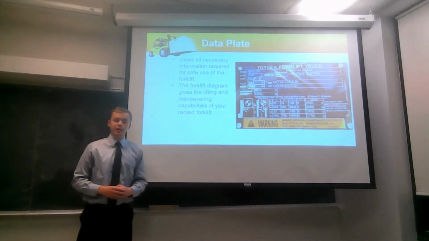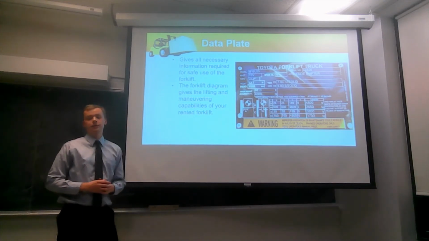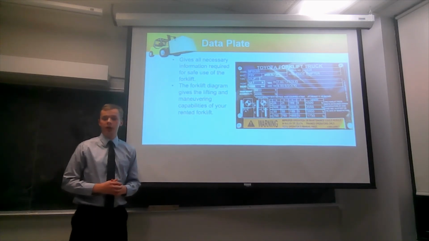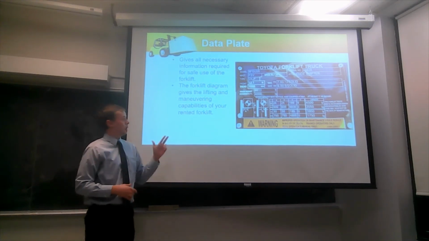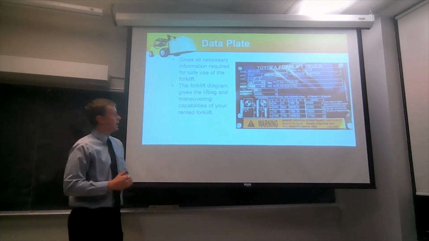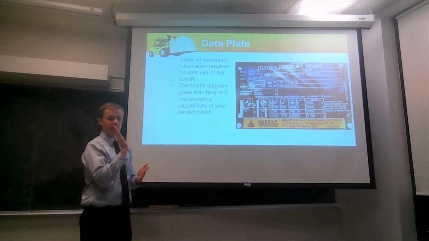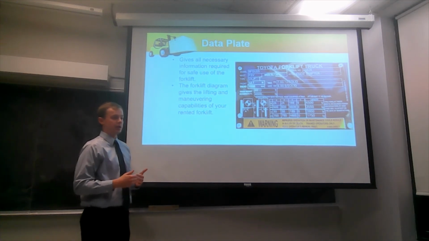Now, the data plate is one of the most important pieces of information you get whenever you rent a forklift. This gives you all of the necessary information required for the forklift. It gives you your model and serial number, so you know the forklift you're using. It gives you how far back you can tilt the forklift so you don't overextend it.